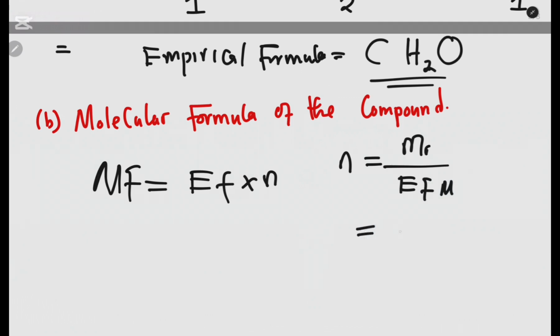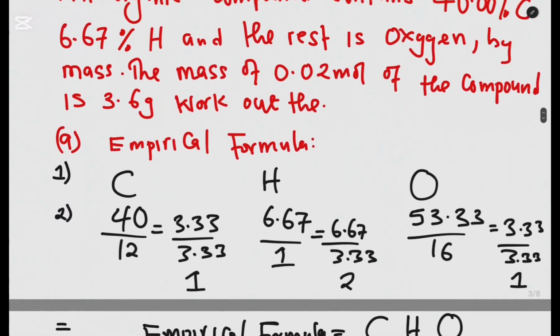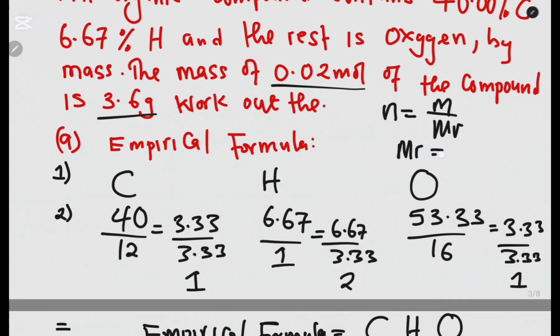Now let us look at the molecular mass. Are we given the molar mass here? Look at this, the mass of 0.2 mole is 3.6. So in this one, we are not given the MR. Instead, we need to calculate it. From the formula, number of moles is equal to mass over MR. We can rearrange for MR, which is equal to mass divided by number of moles.